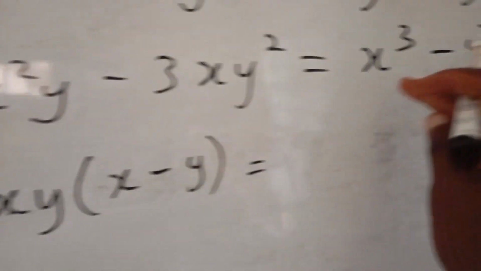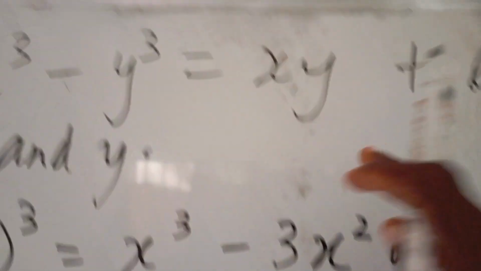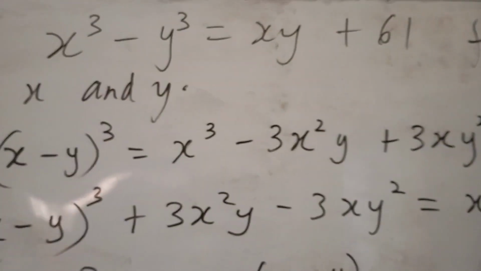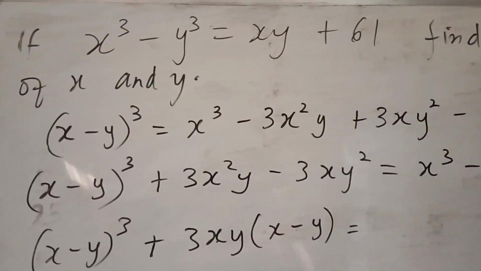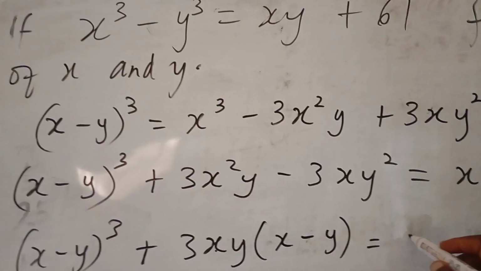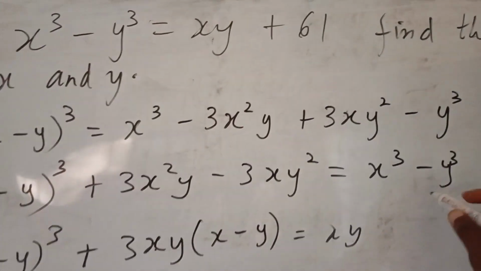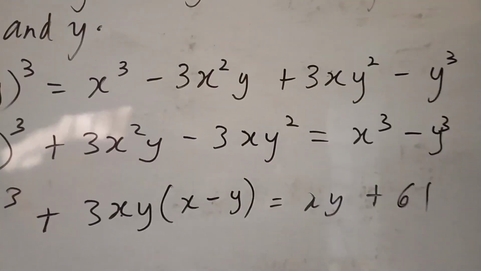And that's equal to, now we're going to replace x to the power of 3 minus y to the power of 3 with xy plus 61, because that's what we have as our x to the power of 3 and y to the power of 3. Okay, so now we have xy in place of x to the power of 3 minus y to the power of 3, plus 61.